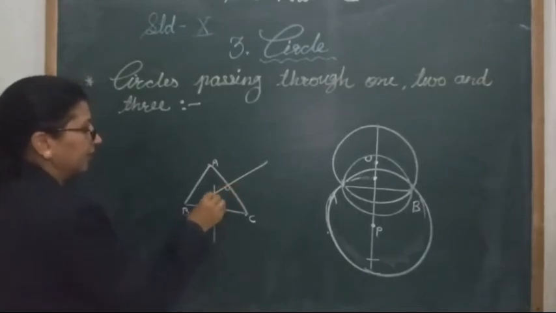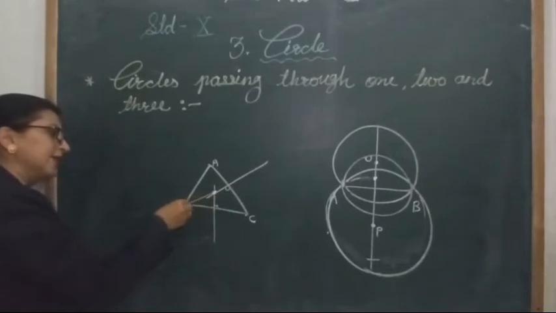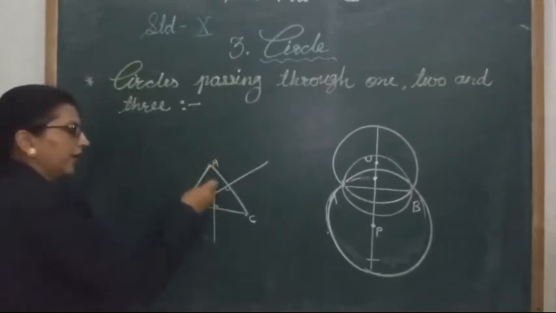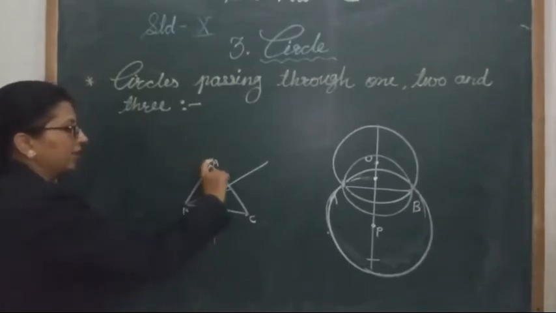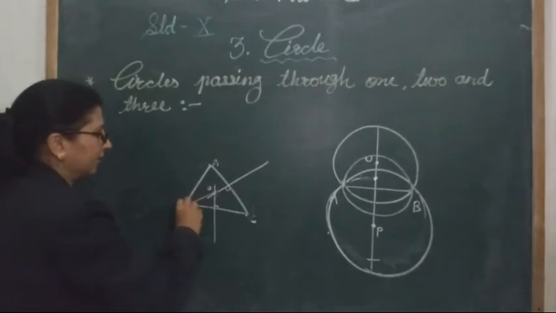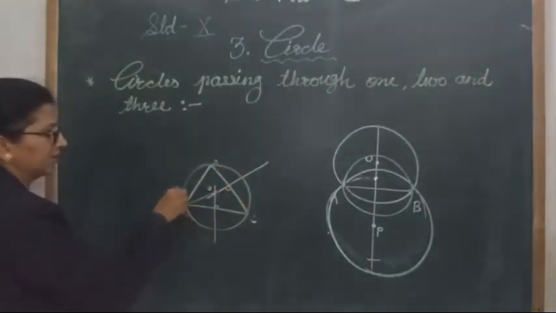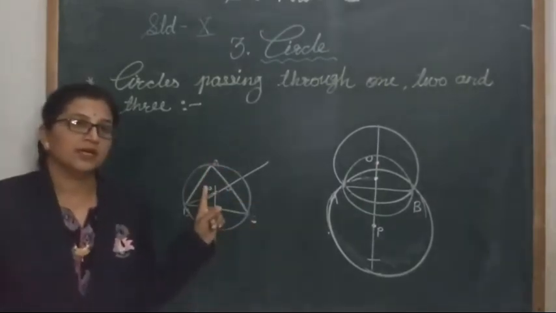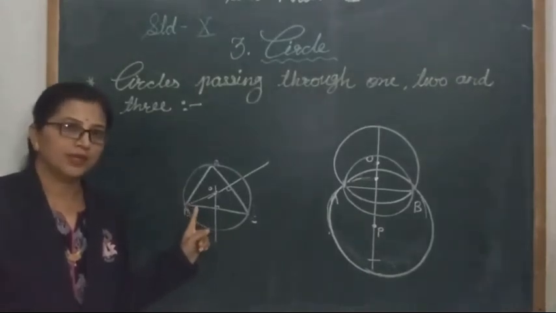Then taking this point as a center, suppose this is O, and OB or OA or OC as a radius, if you draw the circle, you will get a circle like this. So we can say that only one circle passes through three non-collinear points.